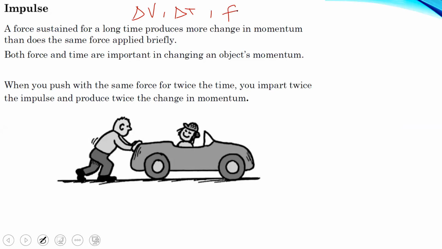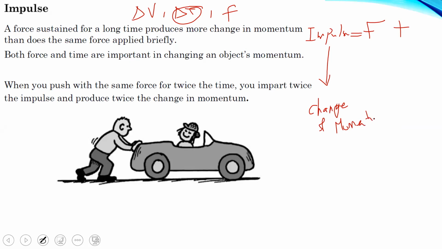Now, we say that F t is impulse, and impulse is a change of momentum. So twice the time means twice the impulse, which means twice the change of momentum. Is it clear?